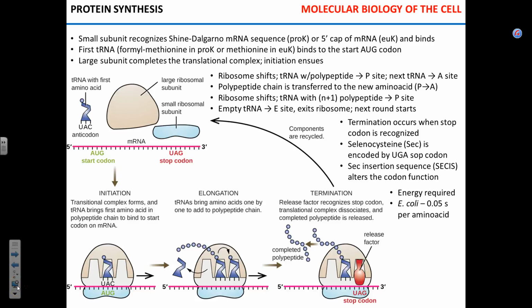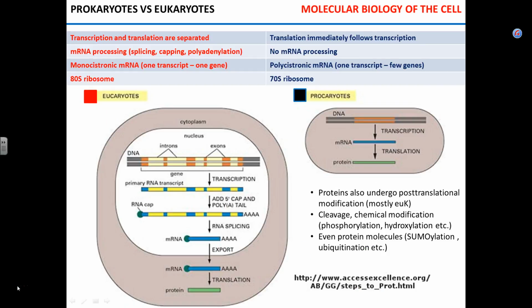We finished talking about the translation last week, Thursday, right? So we kind of finished the genetic expression in prokaryotes, and this is the nice little summary of how prokaryotic genetic expression is different from eukaryotic.